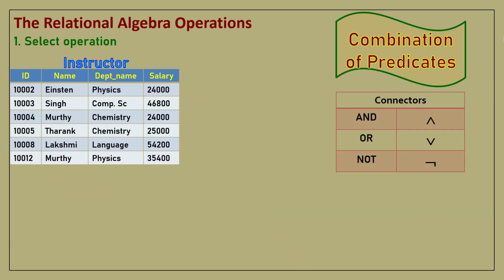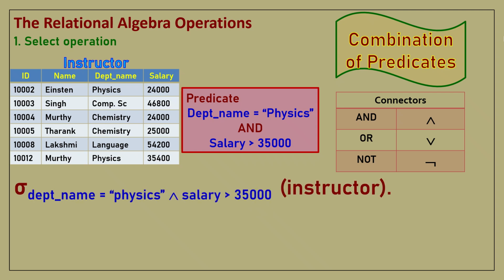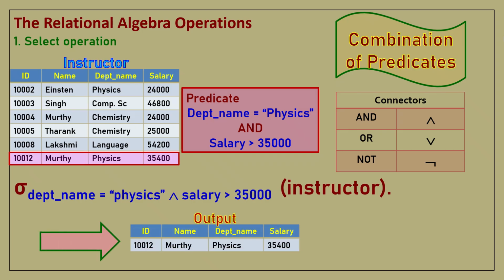We can combine several predicates into a larger predicate by using the connectives and, or, and not. To retrieve instructors from physics department, and also with more than 35,000 salary from instructor relation, following is the query. Sigma, department name equals physics, and salary greater than 35,000, from instructor. This will result in tuples satisfying both conditions.